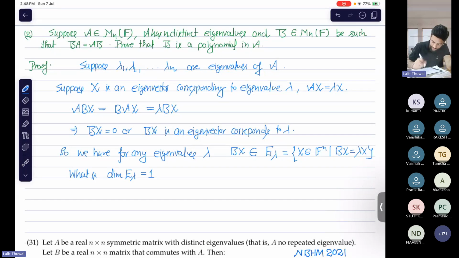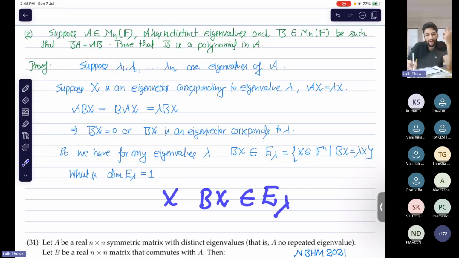So the dimension of E lambda is 1, and suppose you have two vectors x and Bx both belonging to E lambda. What can you say about them? They must be linearly dependent because the dimension is 1. Any two vectors are linearly dependent, because if they were linearly independent, they would span a vector space of dimension 2 inside a vector space of dimension 1, right?